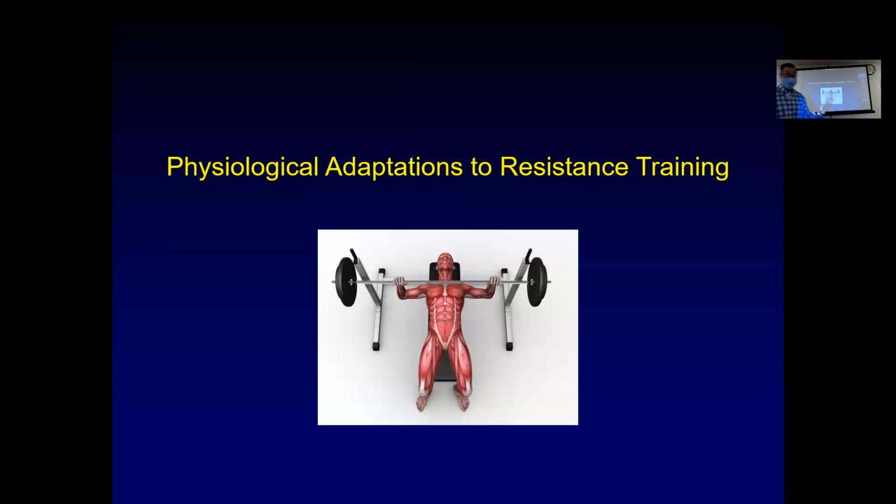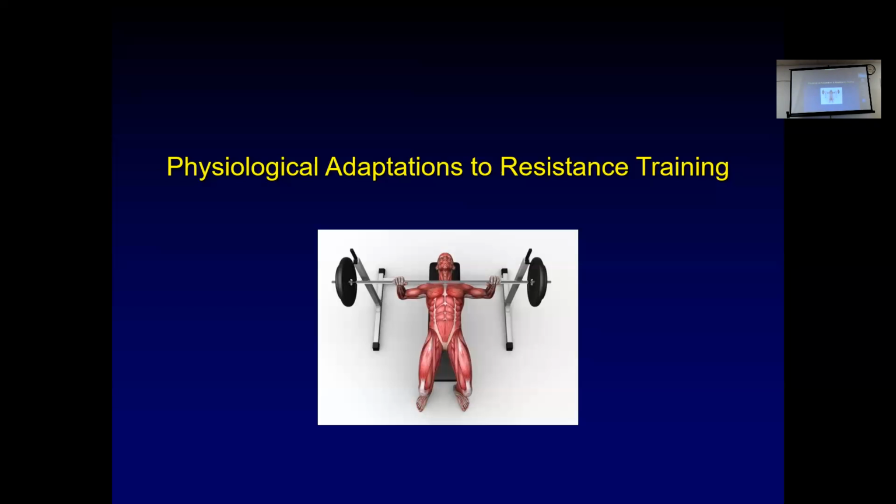So strength is this combination of cross bridges and muscle size and recruitment, okay? So it's not just how big your muscle is, but can you actually turn it on? It doesn't do you any good to have these great big giant muscles if your brain does not know how to turn them on and engage them, okay?